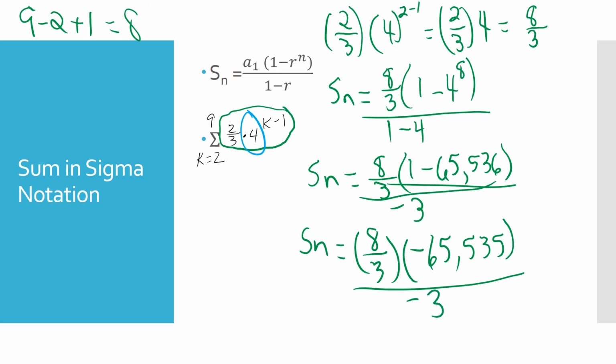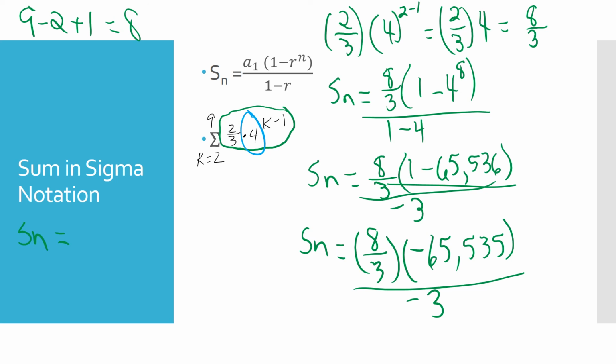We'll move over here to the left since I keep running out of room. So I got Sn equals, okay, so what's 8/3 times negative 65,535? I'm going to hit parentheses, 8 over 3. I'm going to close my parentheses. I'm going to multiply that, hit parentheses, negative 65,535, close my parentheses, hit enter.